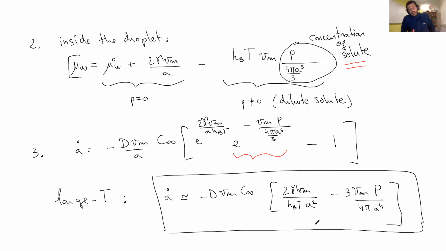But we immediately see that there is a stable solution. This being equal to 0, this is the equilibrium configuration, is possible for finite A value when 2 gamma Vm over kBT is equal to 3 Vm P over 4 pi A squared.